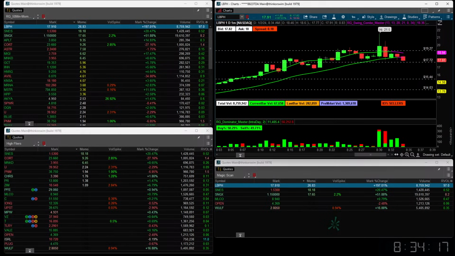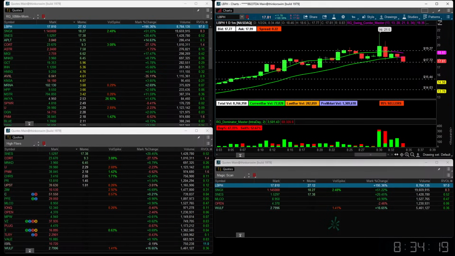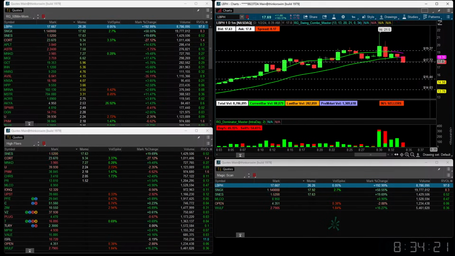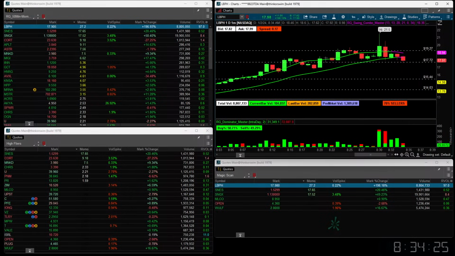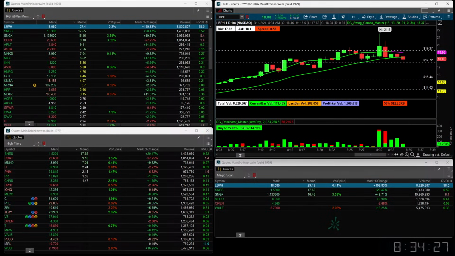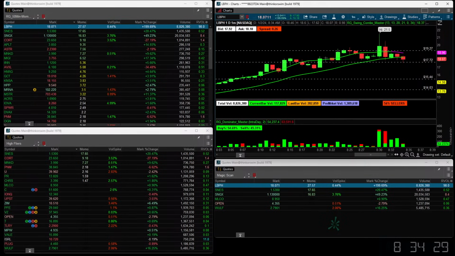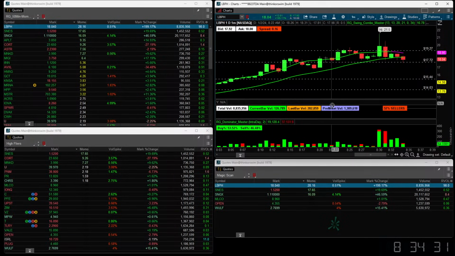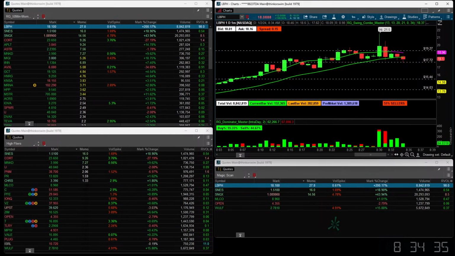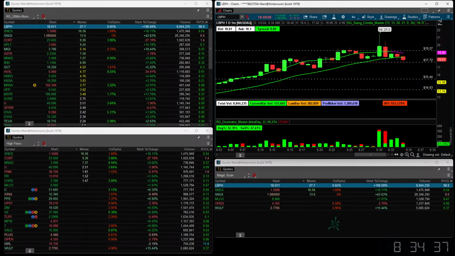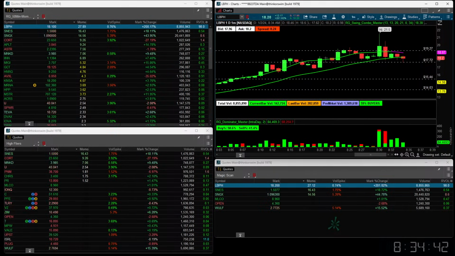Retesting 1772. Hopefully it holds here for the run back up to 1927. Watching this label for the turnaround. Pretty much 54.42.